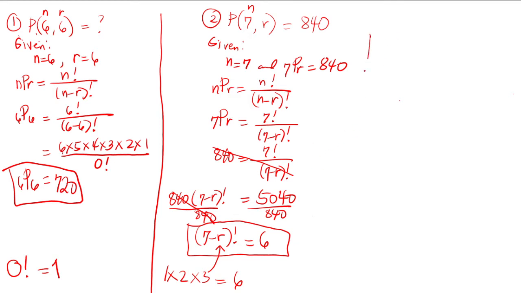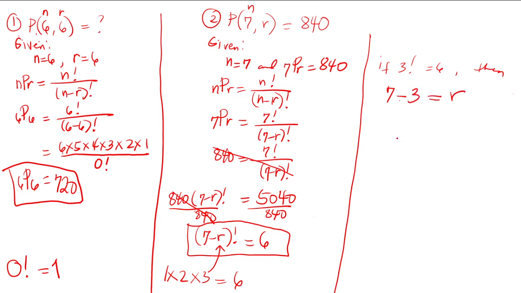So, 3 factorial is equal to 6, then 7 minus 3 is equal to r. 7 minus 3 is 4. So, that is your r. R mo ito dito sa original natin.